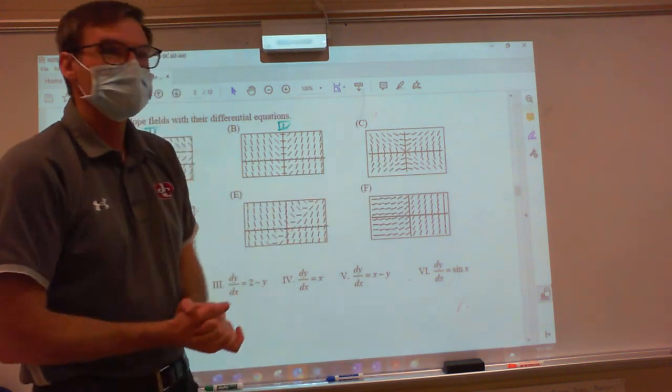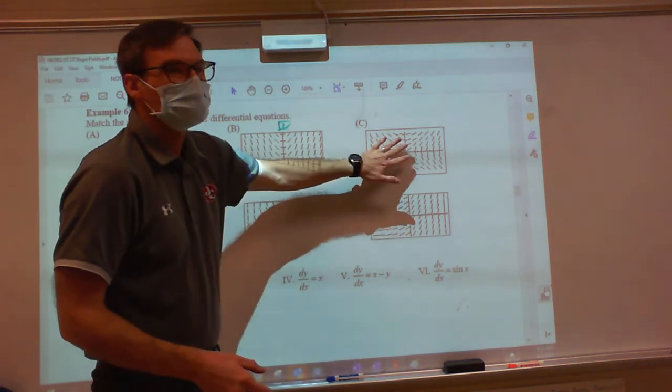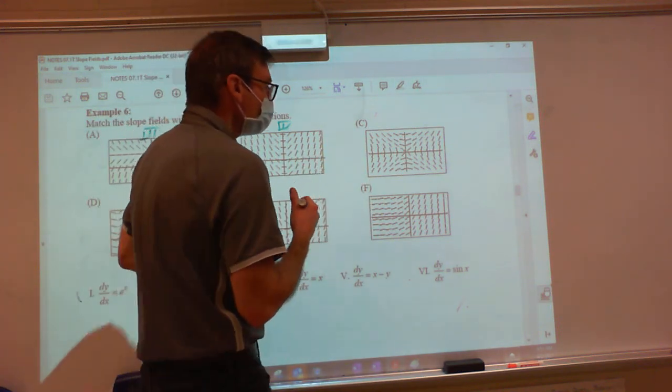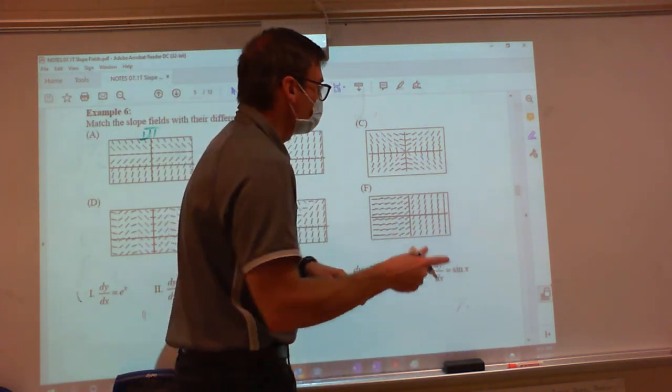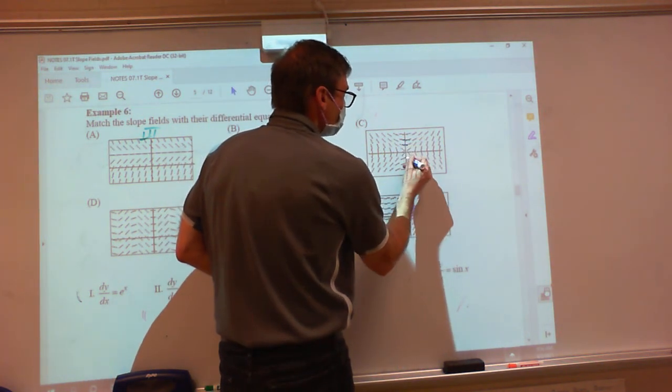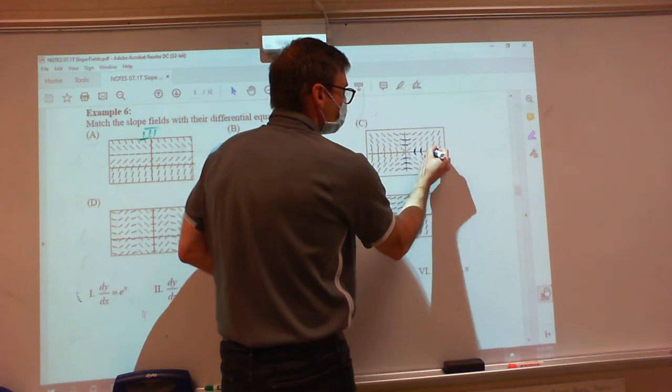Speaking of which, let's talk about this part. I do apologize, this was created on a TI-84, and it's not obvious, so I'm going to make it obvious. These are 0 slopes, and these are vertical slopes.